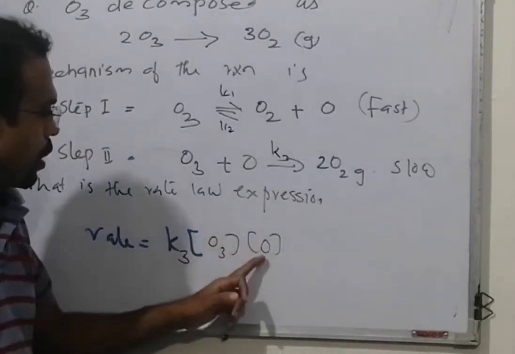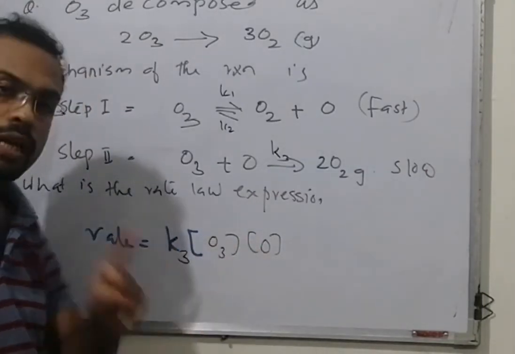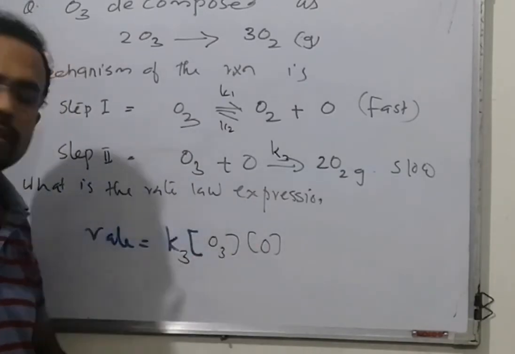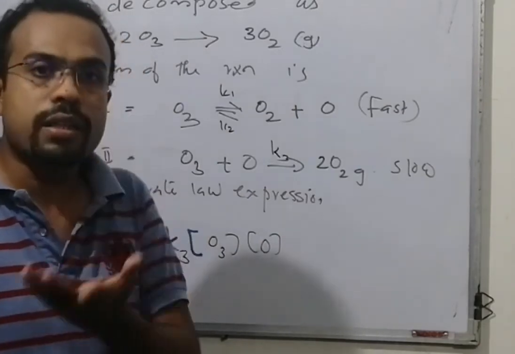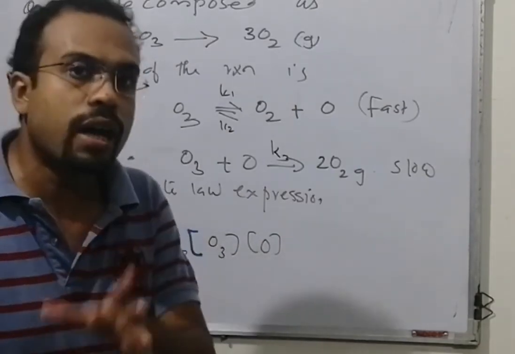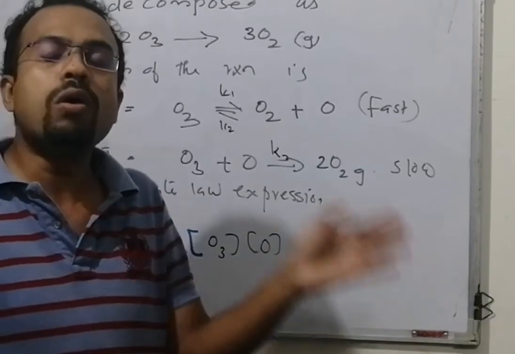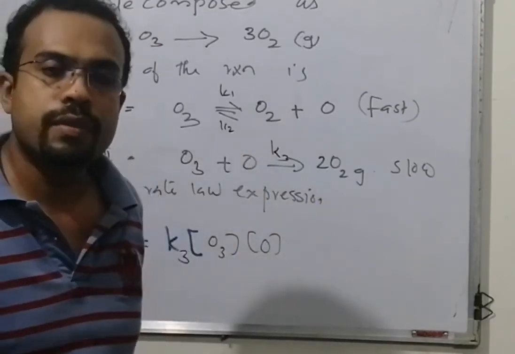Because O3 is a reactant, but O is an intermediate species, which is not part of your reactants.